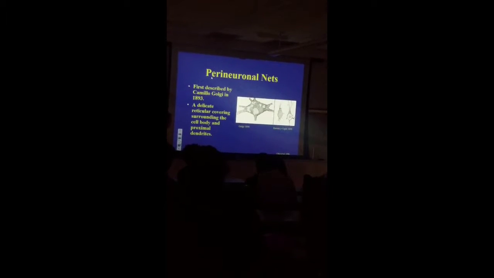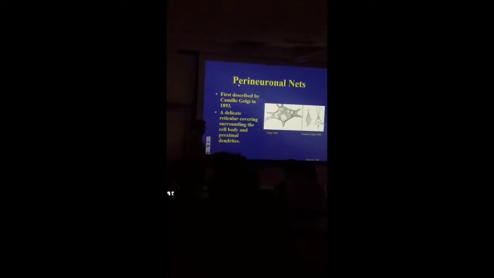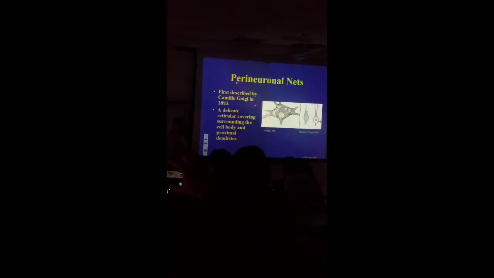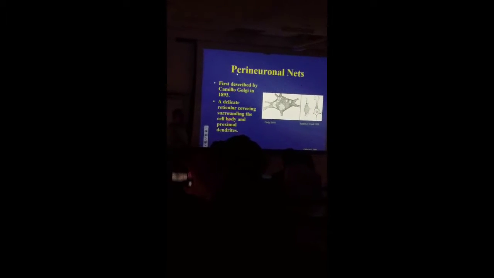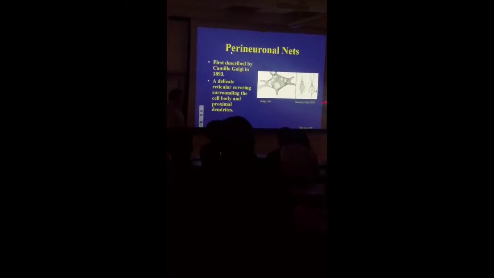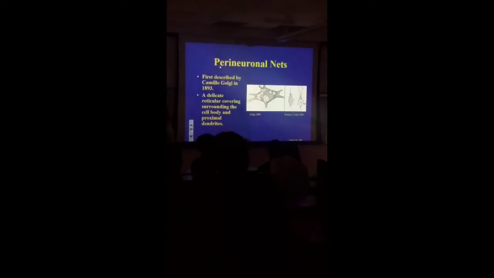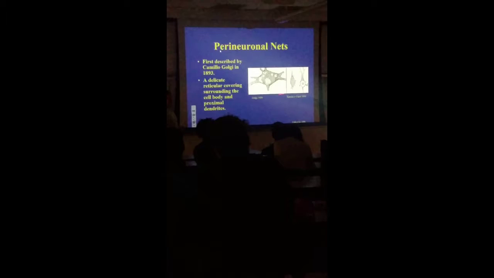So the next thing we looked at was the perineuronal net, which was first described by Camillo Golgi, and it was what they call the delicate reticular covering surrounding the cell body and proximal dendrite. This is actually a drawing by Golgi's most famous student, Ramon y Cajal, and hopefully this doesn't happen to you guys, but the student wound up hating the advisor, and there was a huge battle.